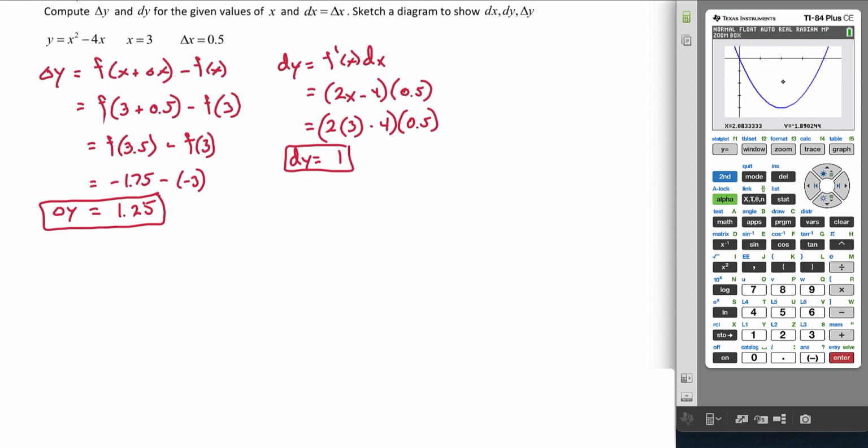And now we can create a rough sketch of what we have. So we're going from 0 to 1, 2, 3, 4 on the x-axis, and it looks like roughly 4 on the y-axis, negative 4. It looks like the vertex is around 2, negative 4.